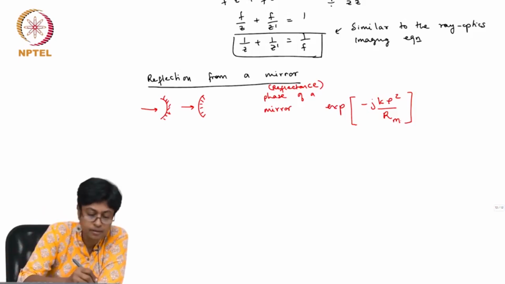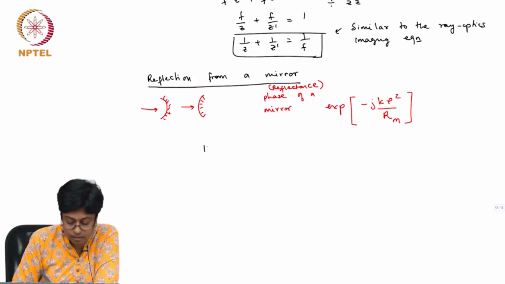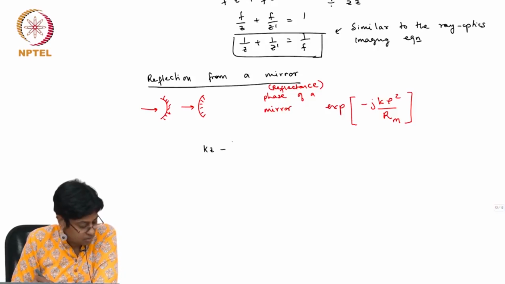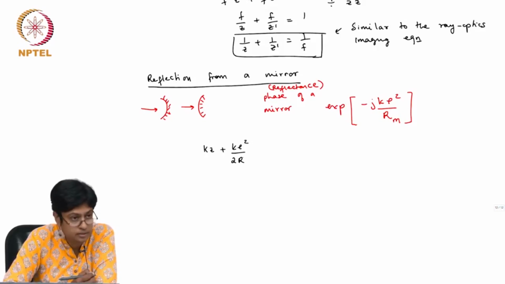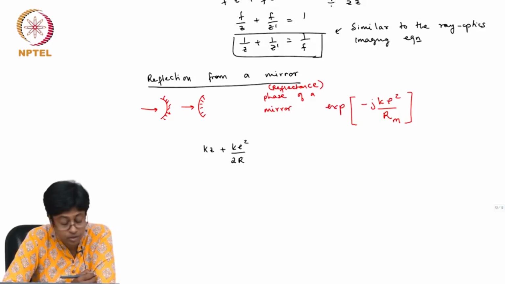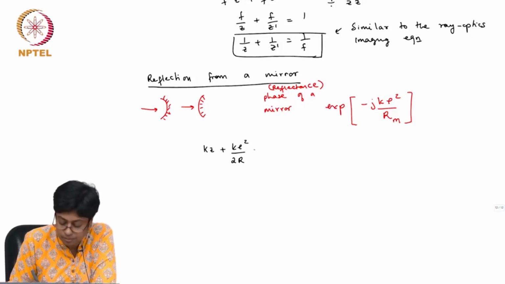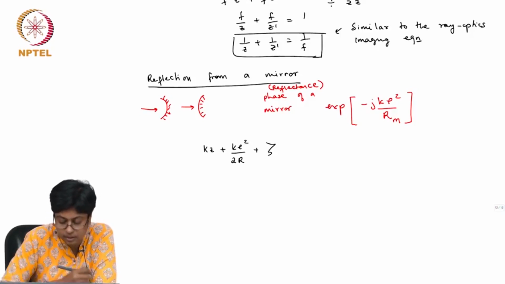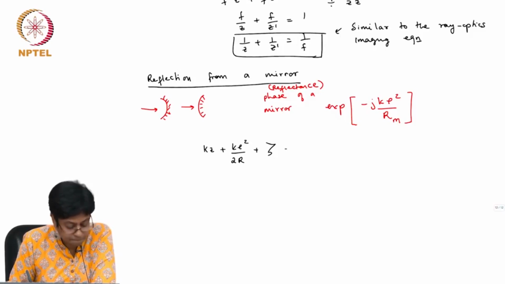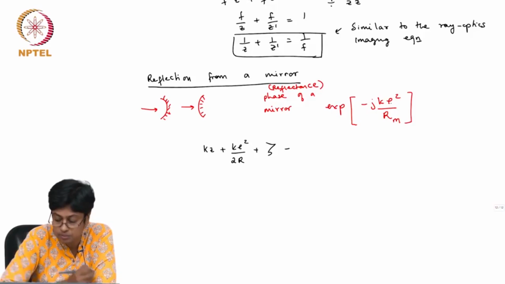So again, if I take the Gaussian beam phase, k rho squared by 2R, where this R is the radius of curvature of the beam incident on the mirror, plus zeta, minus the phase change caused by this mirror.